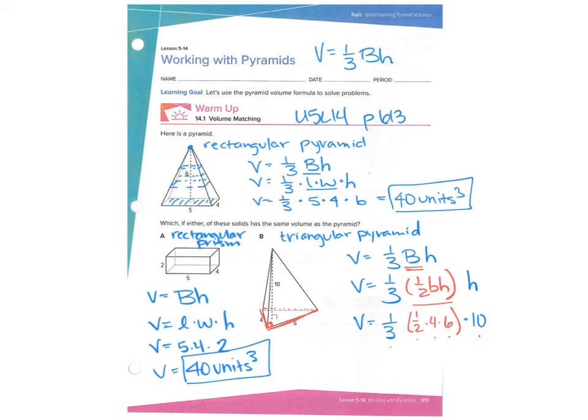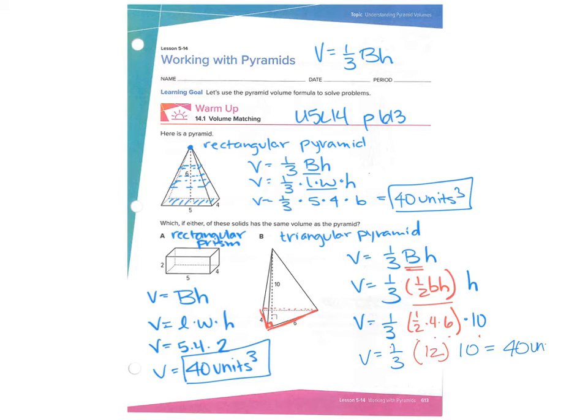If you're going to organize them, I might do what's in parentheses first. So for me, I would be looking at doing volume equals 1/3, and inside the red parentheses, 4 times 6 is 24, half of that is 12, times then the 10. And so I might look at this as 120 times 1/3, because 12 times 10 is 120, and I would also get 40.